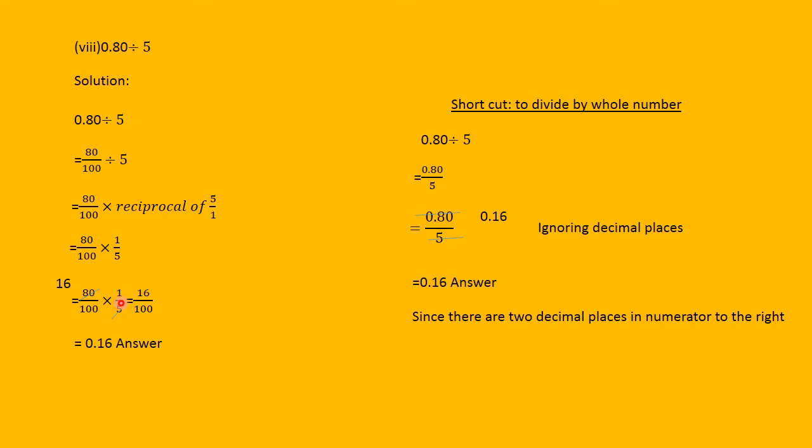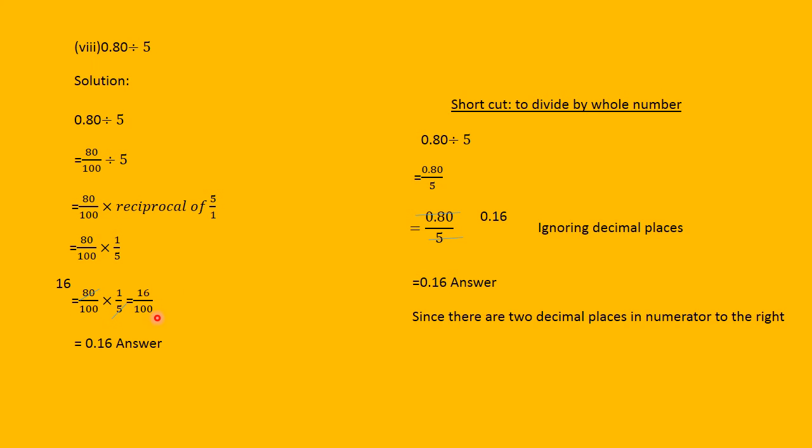Let us see whether 80 goes with 5 or not. Just try to cancel them. 5 ones are 5. We are left with 3 as the remainder. 30, 5 sixes are 30. So 16 into 1 is equal to 16 upon 100.